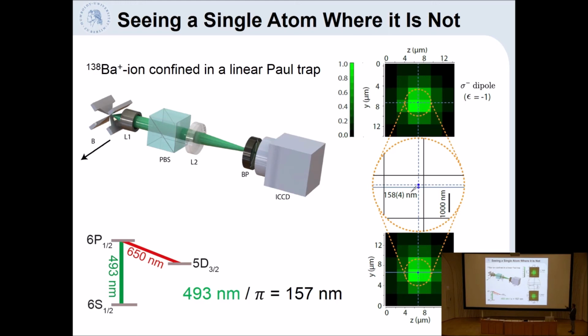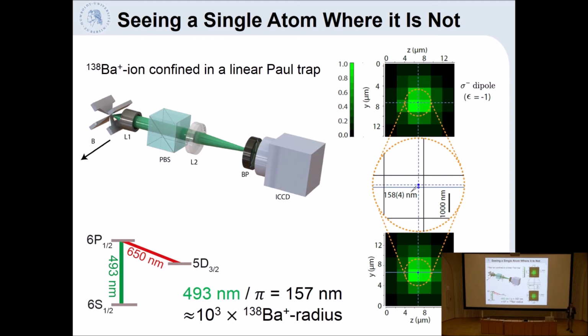And then it turns out that the apparent shift of the two positions of the ion is 158 nanometers, which nicely corresponds to the expected value, okay? And I would also like to stress that this is actually 1,000 times the diameter of a barium ion, okay? So it is indeed justified to say that here we are seeing a single atom.